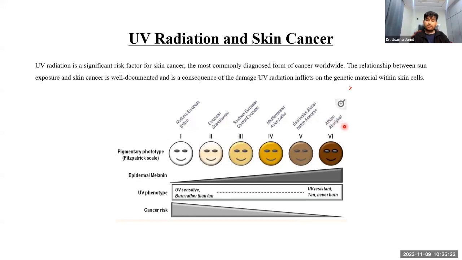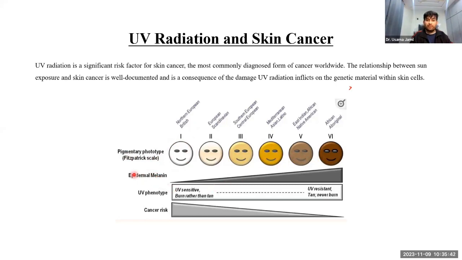So there are six categories of different races mentioned with their skin color. This is the Fitzpatrick scale of pigmentary phototypes, in which this person is completely white, and the spectrum goes on with light brown, then more brown, then dark brown, and then black.